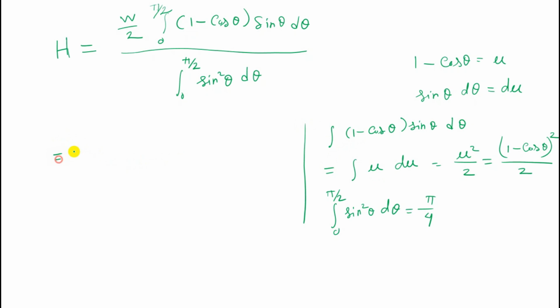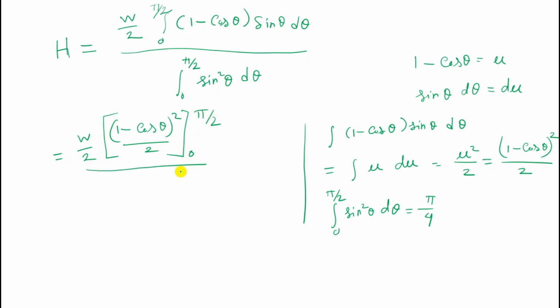So we have 1 minus cos theta whole square by 2 with the limit 0 to pi by 2, divided by pi by 4, and we will get w by 2, and this value is half divided by pi by 4.